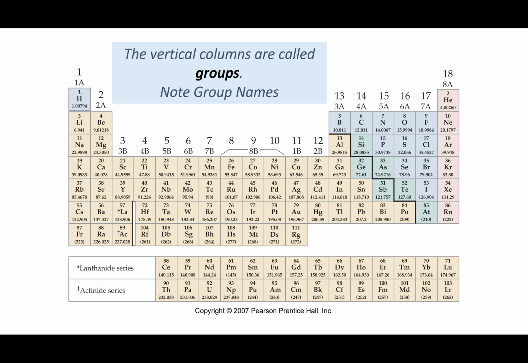But if we skip over here to nitrogen, okay, what's its group? What's its group number? Nitrogen, phosphorus, arsenic, antimony, and bismuth. They're 5A and they're also 15. So that's both those, 5A and 15.